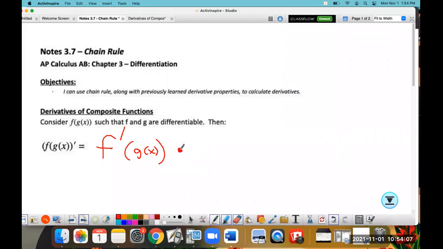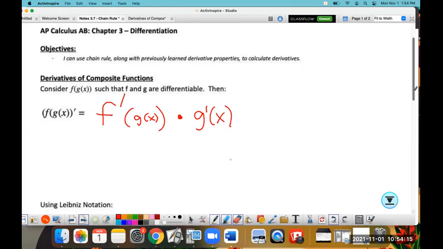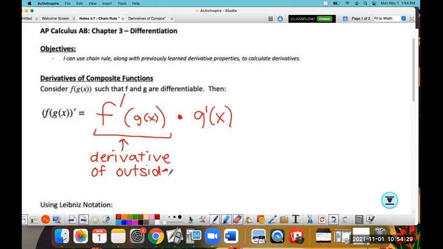Then multiply by the derivative of the inside, which is g prime of x. So just label that, there's plenty of room. Derivative of the outside, times the derivative of the inside.